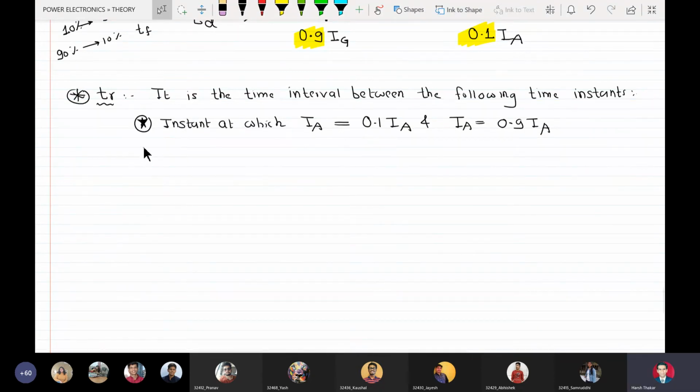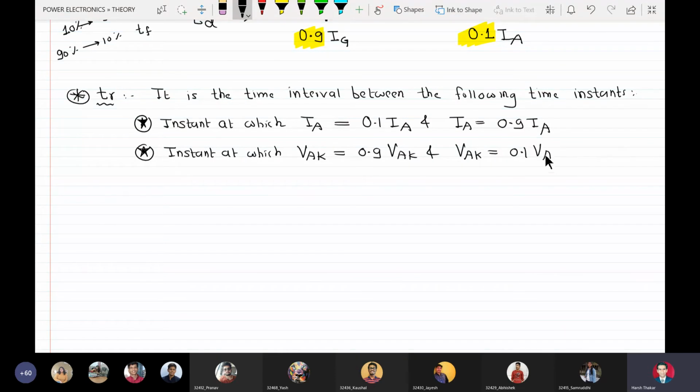Or it is also defined in one more way, that is, the instant at which VAK is 0.9 times its initial value and VAK is 0.1 times VAK.